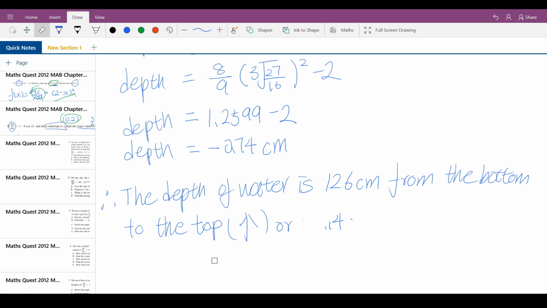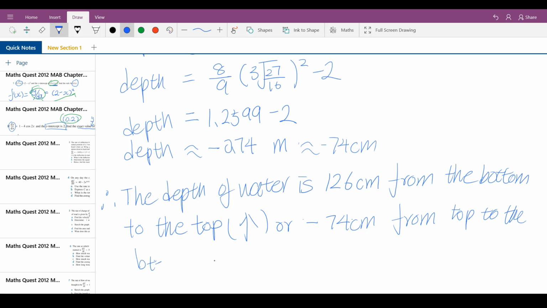Let's convert that to centimeters: this meter value is roughly negative 74 centimeters, or negative 74 centimeters from the top to the bottom. So give a direction like that. That's our answer.